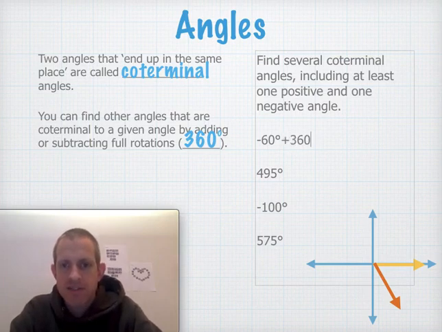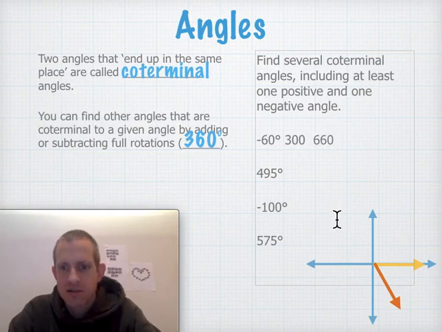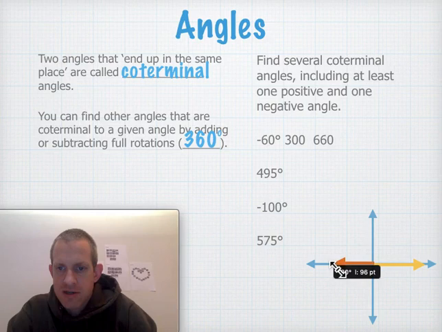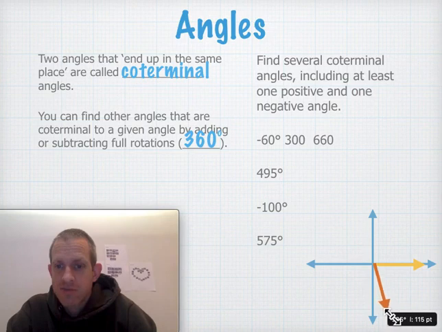If you add 360 to negative 60, you get 300 degrees. If you add another 360 to this, you get 660 degrees. And that would be the angle that is drawn here. Once around to 360, here's 450, and 540, and 630, and then 30 degrees more would bring me to 660, which is in that same location as all the others.